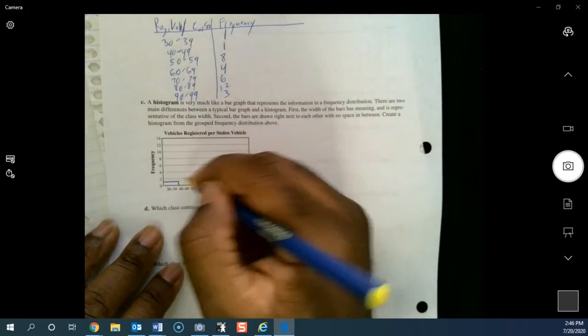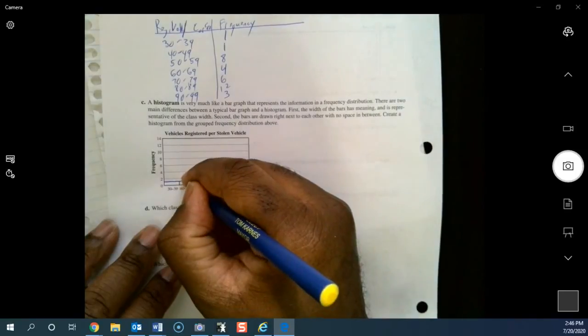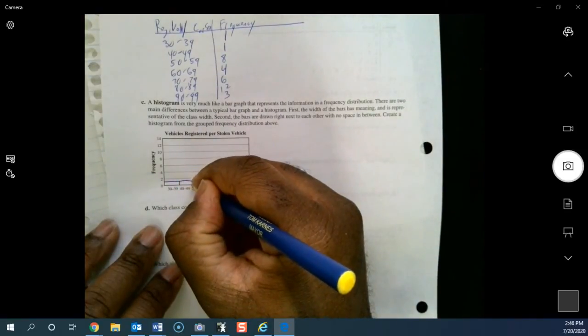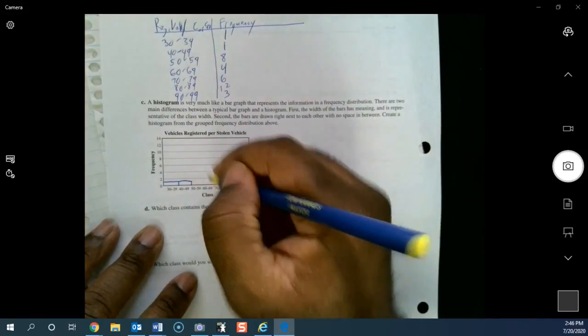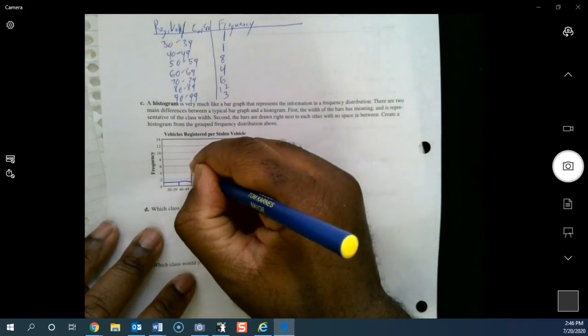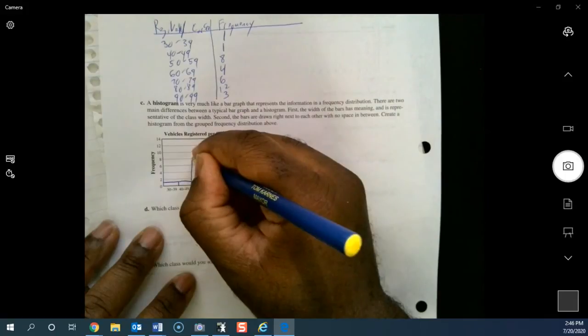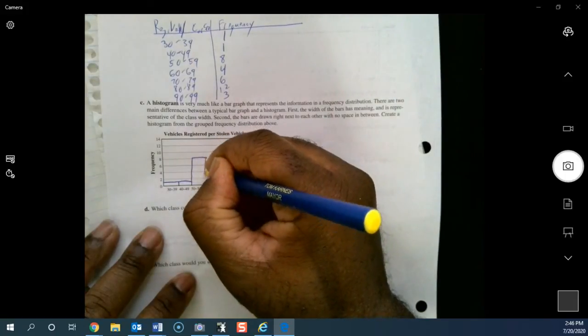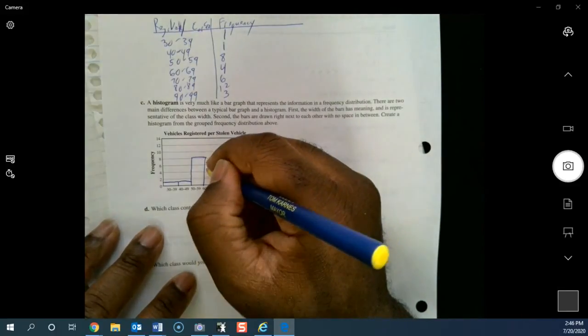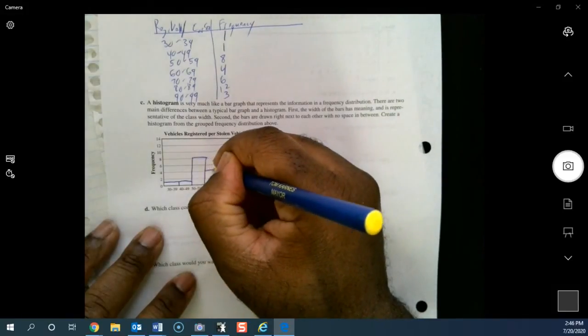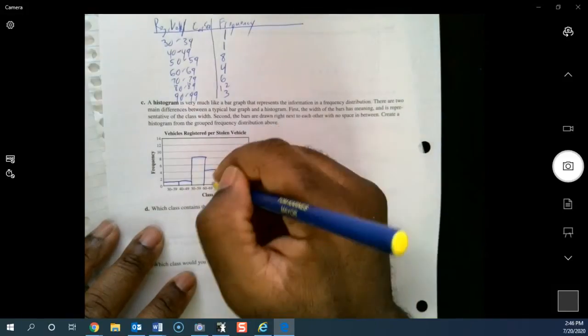That is 1. 40 to 49 is also 1. Now 50 to 59 is 8, so we'll go up to 8 and make sure we cover the 50 to 59. Now the 60 to 69 is actually 4, so we'll go up to 4, and that'll cover the 60 to 69.